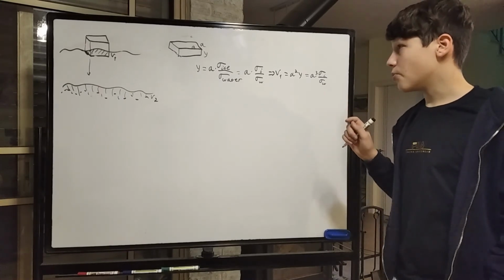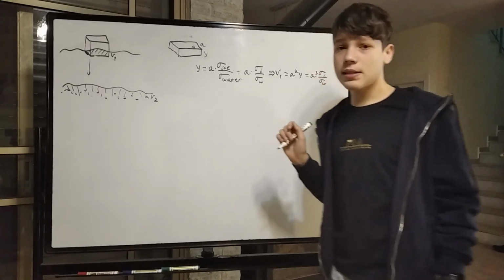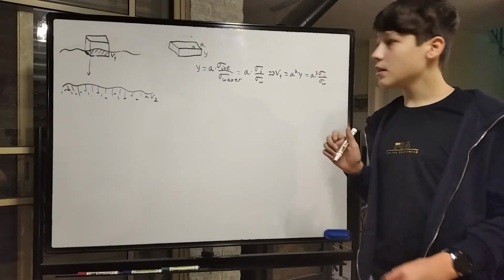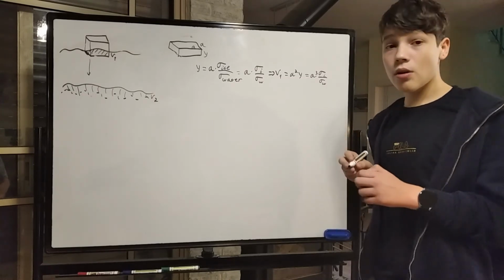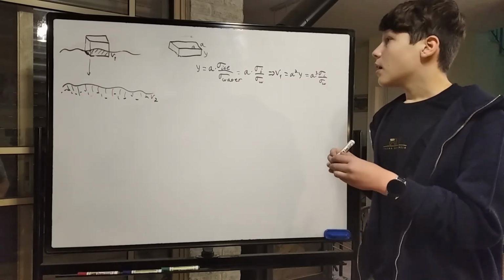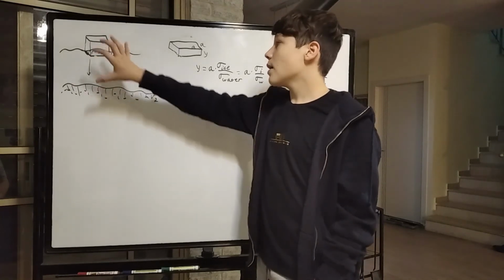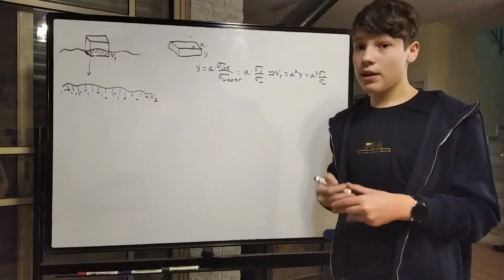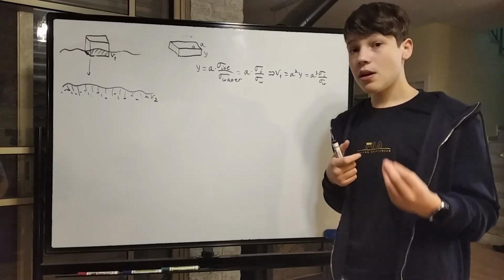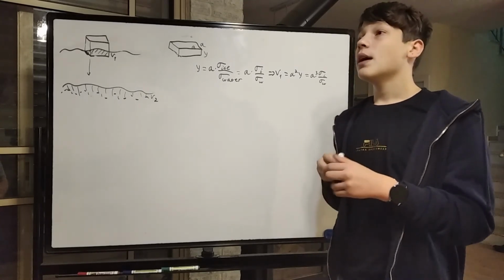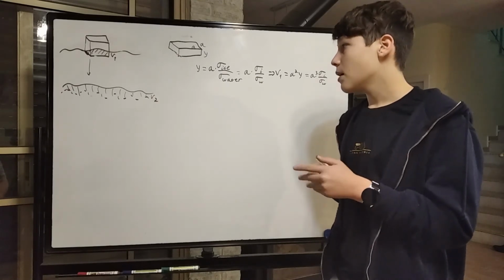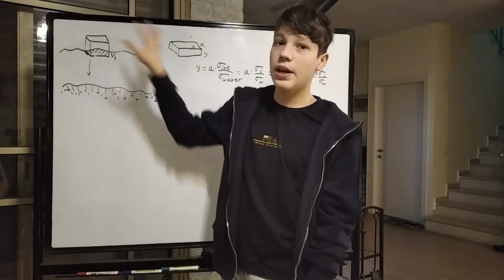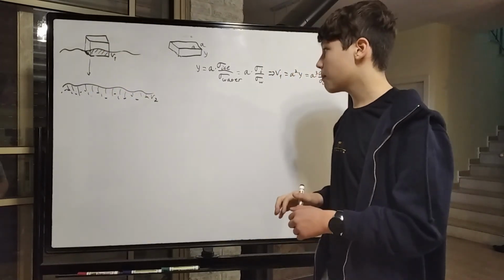Now let's look at V2. V2 is a tiny bit trickier, but it's still not that hard. So we know what happened when the ice cube turned into water. Its density changed, but its mass had to stay the same. Meaning that the mass of the added water and the mass of the entire ice cube has to be the same.